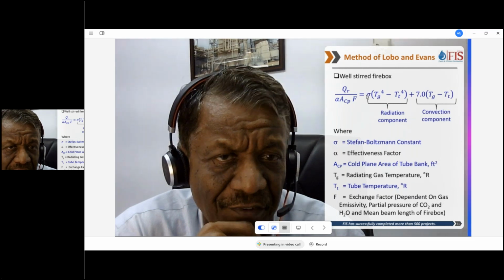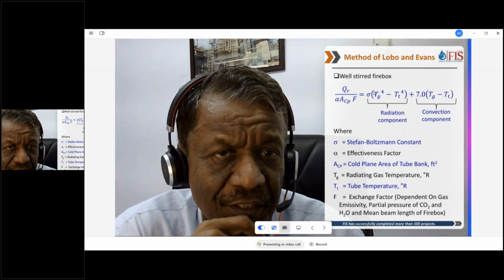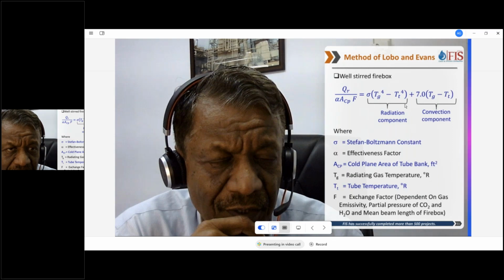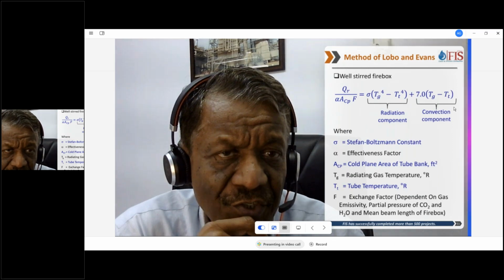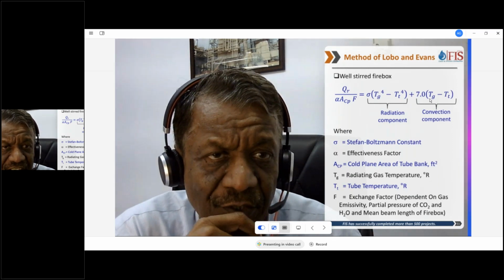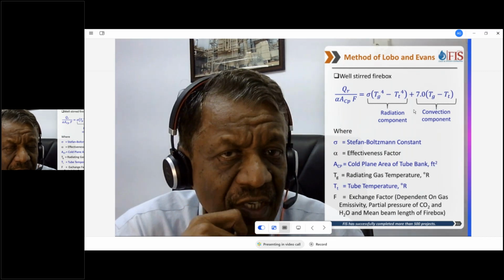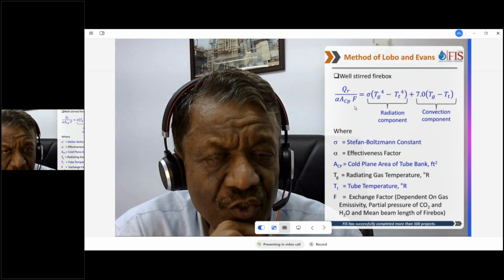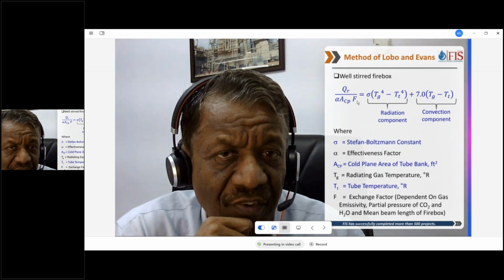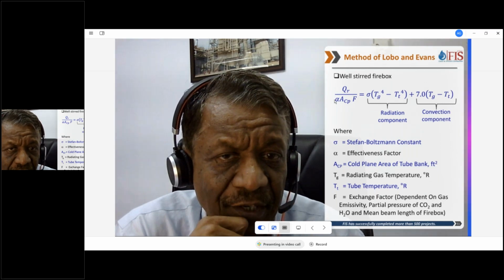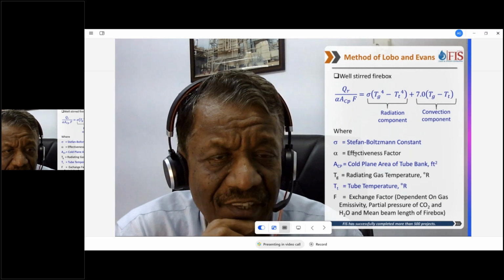The first one is the radiation component, which is basically the Stefan-Boltzmann term. Then there is the convection coefficient, 7 into Tg minus Tt. And then, based on the fired heater geometry, we have 3 parameters. One is the effectiveness factor, alpha.